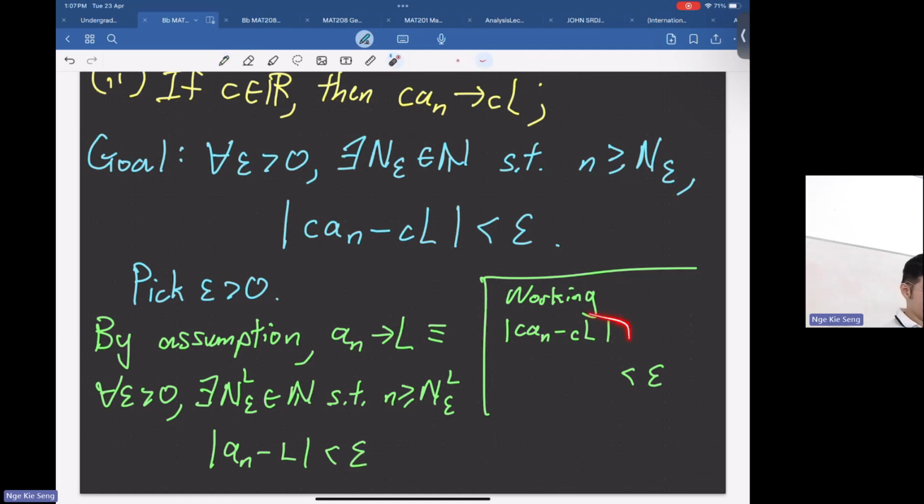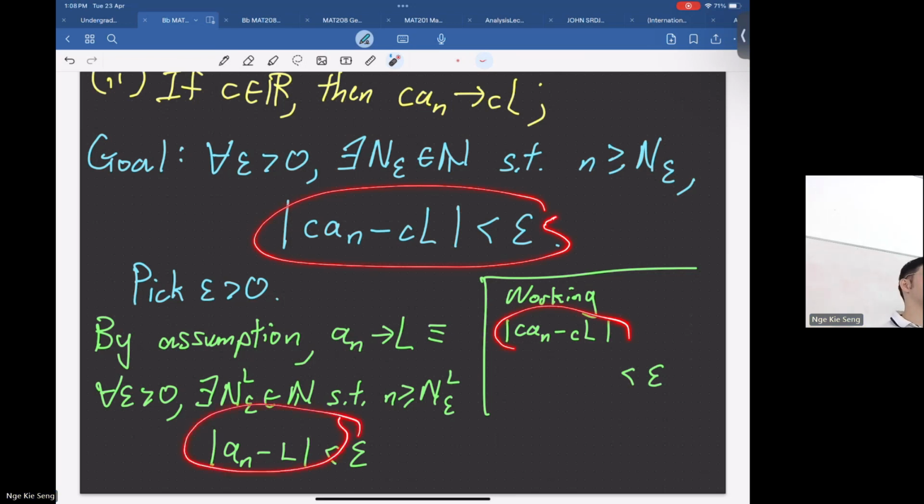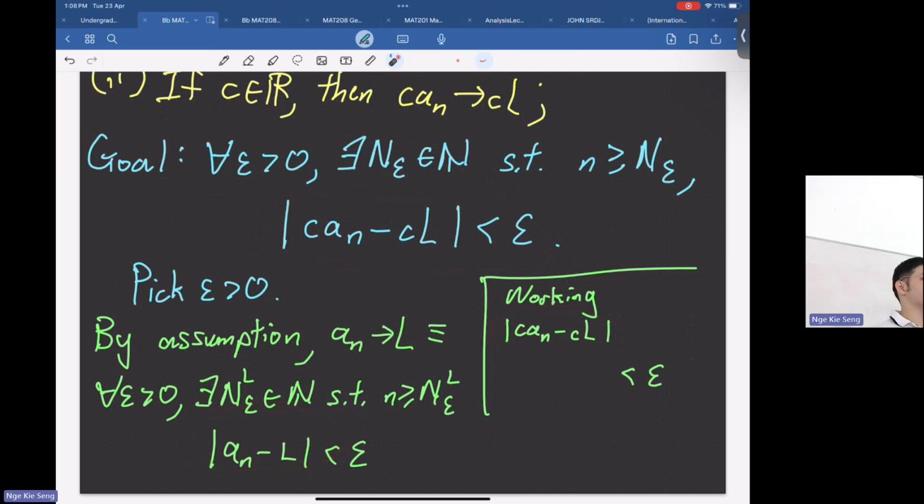So you want to show this absolute value of CAn minus CL. How does this relate to An minus L? You can factorize the C. So you should get the absolute value of C times (An minus L).